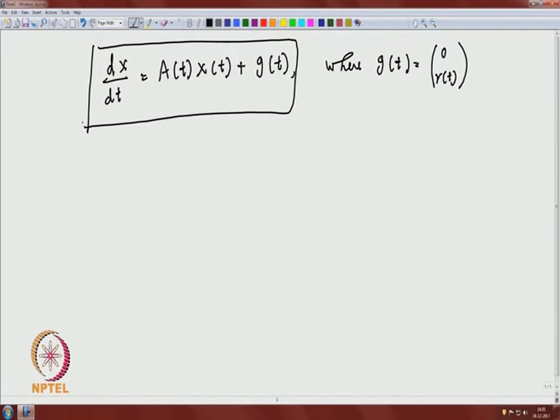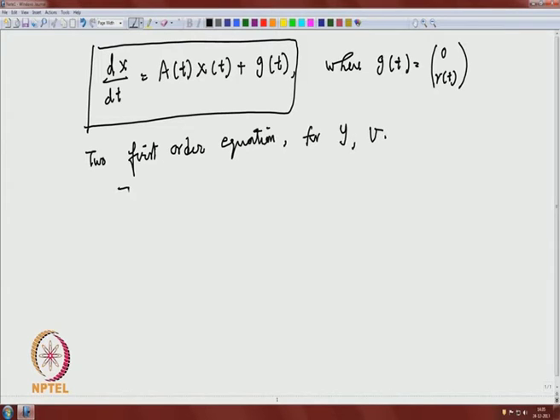If you recall the first order equations, we have two first order equations for y and v.